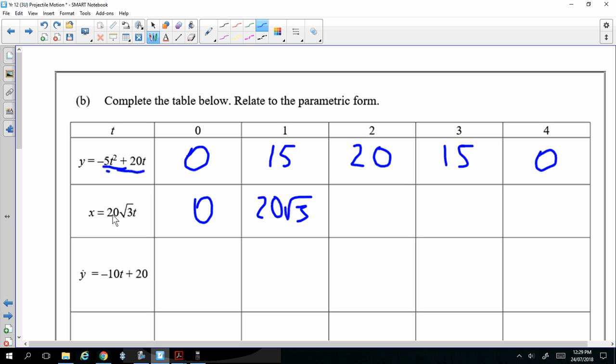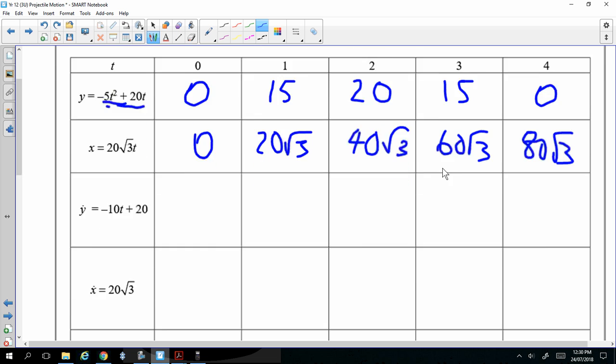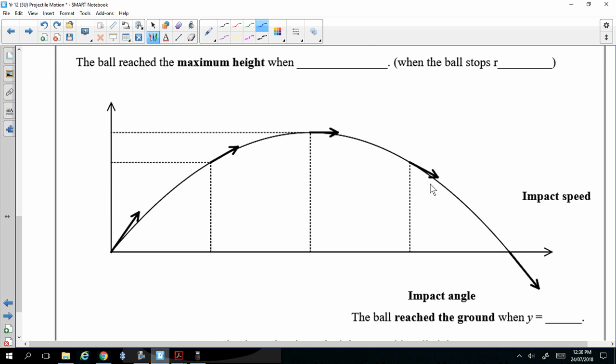We can actually plot this information on the graph below. Let's do that. So basically, every second it is moving horizontally at 20 root 3 meters per second. So the next one will be 40 root 3. The next one is 60 root 3, followed by 80 root 3. Remember, that's the x-axis. This is the y-axis.